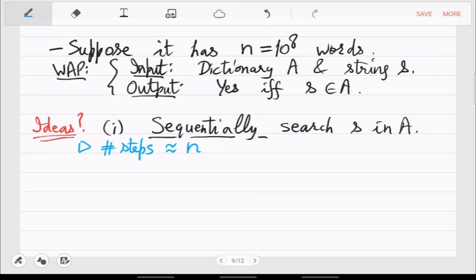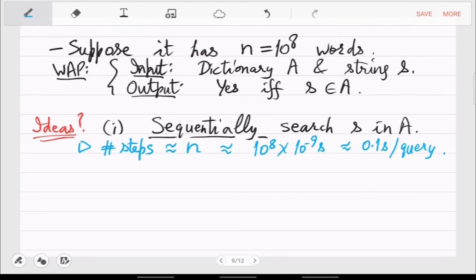And if it is that, then in terms of time it means 10 raised to 8 times 10 raised to minus 9 seconds, which is again 0.1 second per query, right? So one query takes 0.1 second, but if you make 100 queries, then it will take 0.1 times 100.